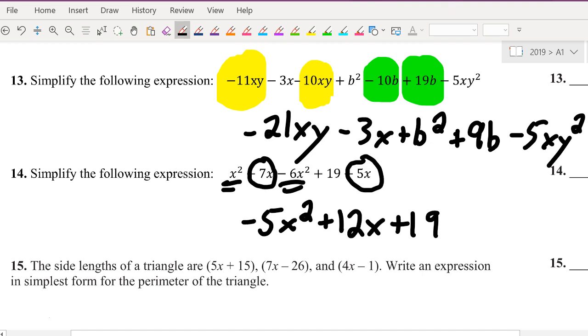Yes? How did the 6 turn into 5? Okay, positive 1, negative 6 makes negative 5. It's not 0. That's the way the math works. Remember, X stands for a number, right?